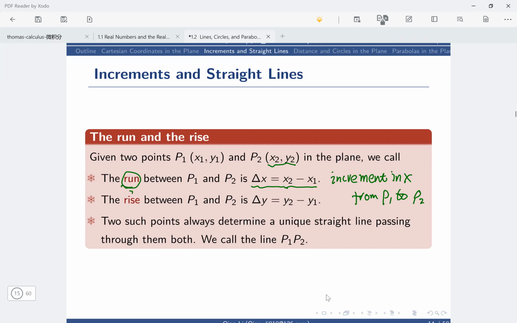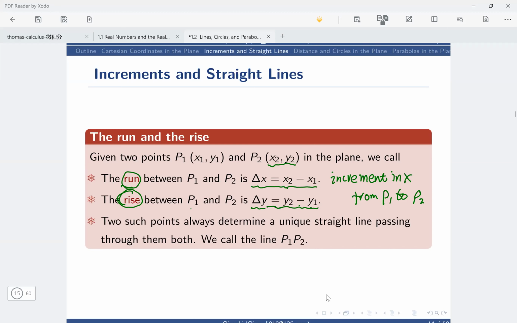Okay, let's say the rise. The rise between P sub 1 and P sub 2 is delta y, and delta y is equal to y sub 2 minus y sub 1.